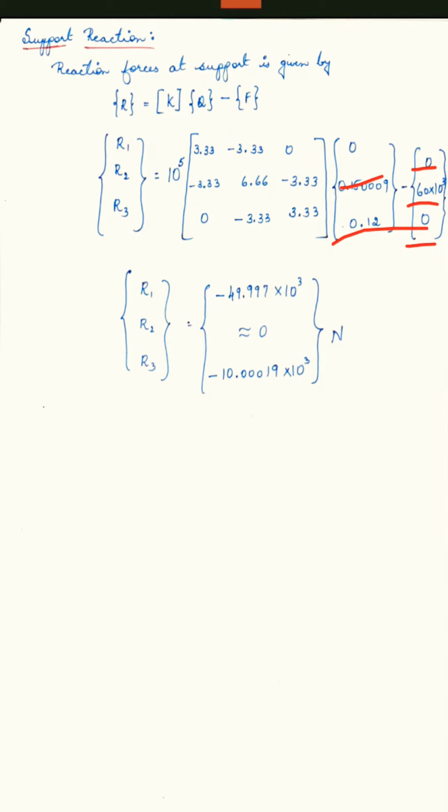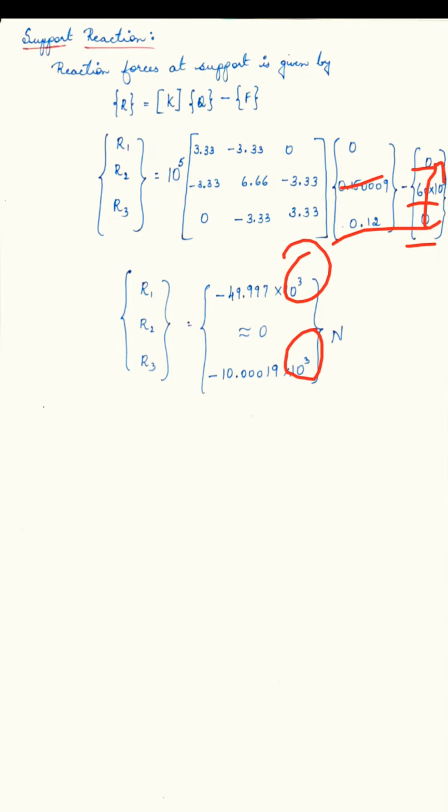So you will obtain the values R1 as minus 49.997 into 10 to the power of 3, R2 almost negligible or 0, R3 as minus 10.00019 into 10 to the power of 3. If you omit 10 to the power of 3 here in the force vector, you will obtain minus 49.997 and minus 10.00019. So this gives the solution for the support reaction and displacement by the elimination method.